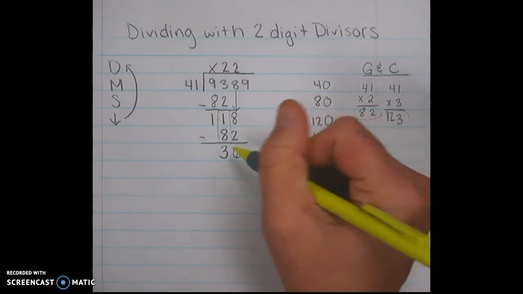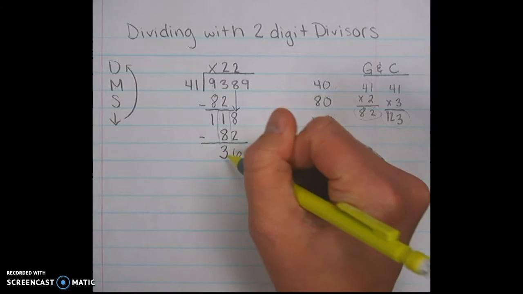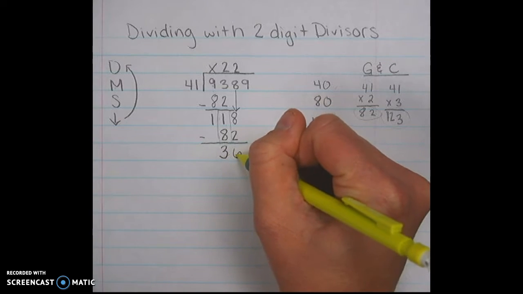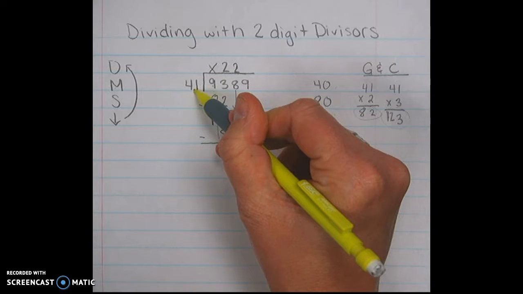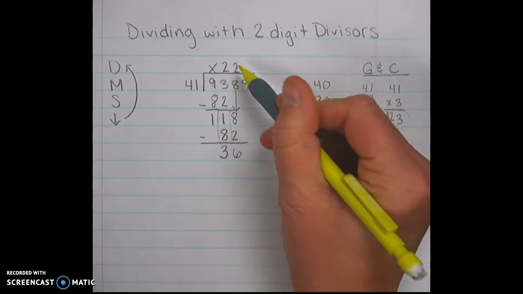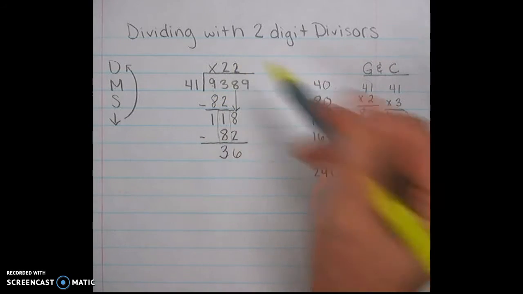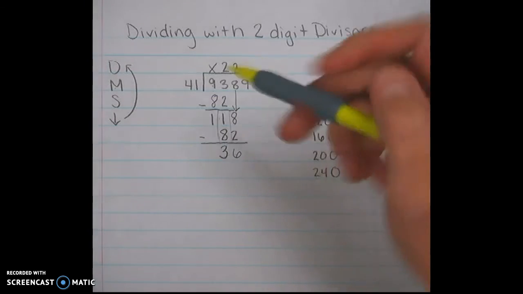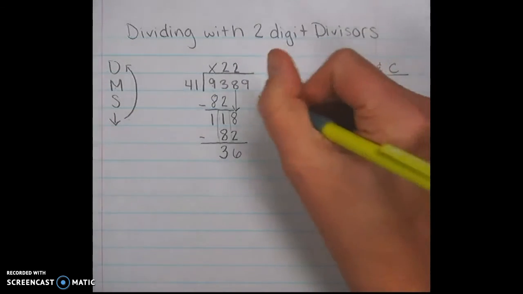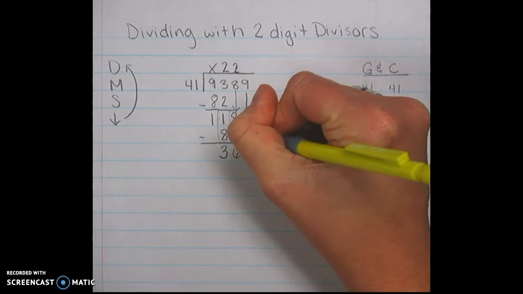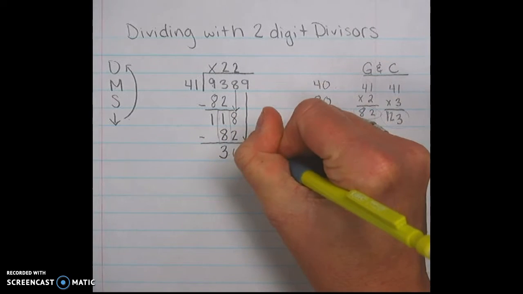One thing that you can always check, after you've subtracted, is to make sure this number here that you subtract is always smaller than your divisor. If it is not, then there's a good chance that you could have gone one more time. Our next step is to bring it down. Remember, I'm drawing my arrow, and I'm bringing the 9 down.